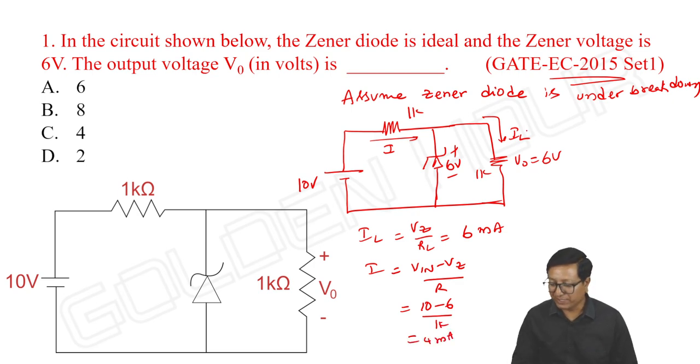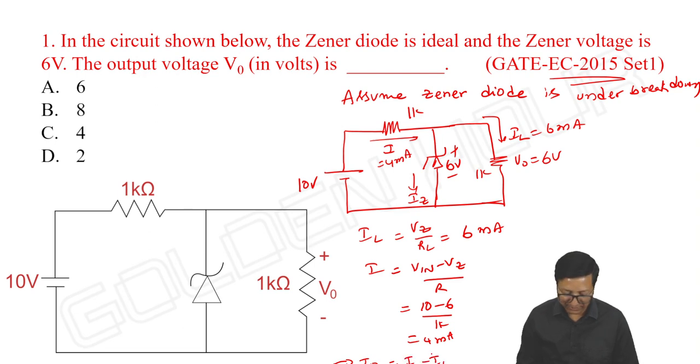Is it possible to get 6 milliampere from 4 milliampere? Meaningless. If that is the case, what about Iz? You are getting Iz equal to I minus IL, which is negative, not possible at all.